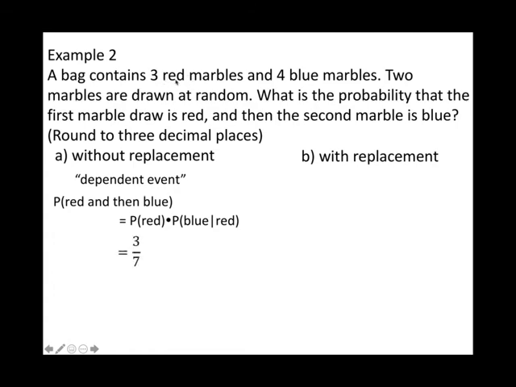So 3 over 7. And then this is the conditional probability. We are looking for the probability of the blue marble, given that one red marble is picked. So now we only have 6 marbles. 1 marble is out already, so we only have 2 red marbles and 4 blue marbles. So we have 6 marbles and 4 blue marbles, so 4 over 6. You should get 0.286.